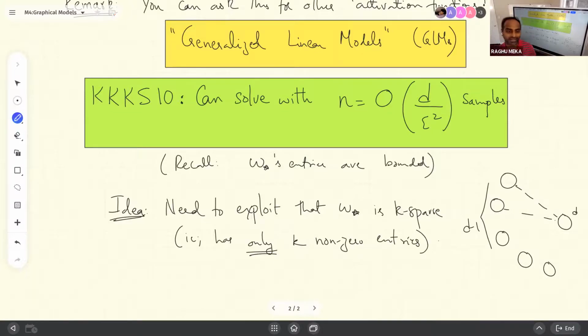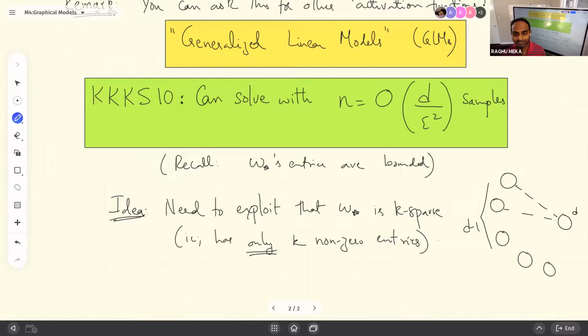Okay, and in some sense now we are asking, I have a generalized linear model, but the coefficient vector is sparse. Can I exploit this sparsity to get convergence in a much smaller number of samples?